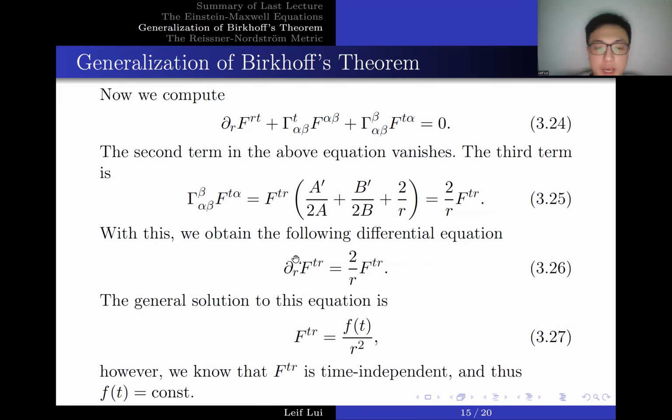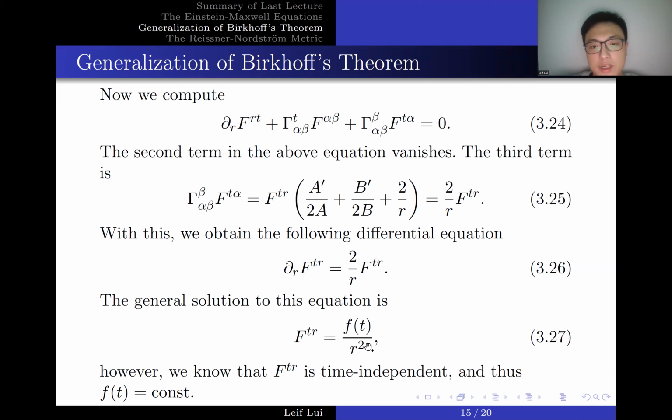Since this is a partial derivative with respect to r, the general solution is that we can integrate both sides. We just solve this differential equation, and we get this expression here.